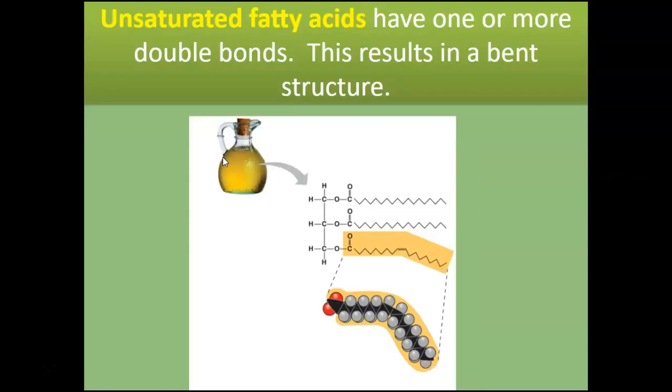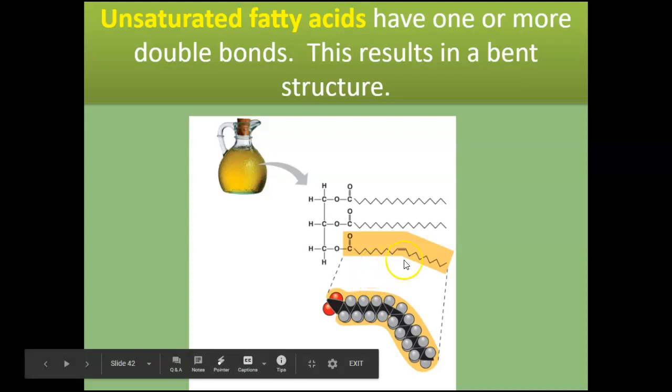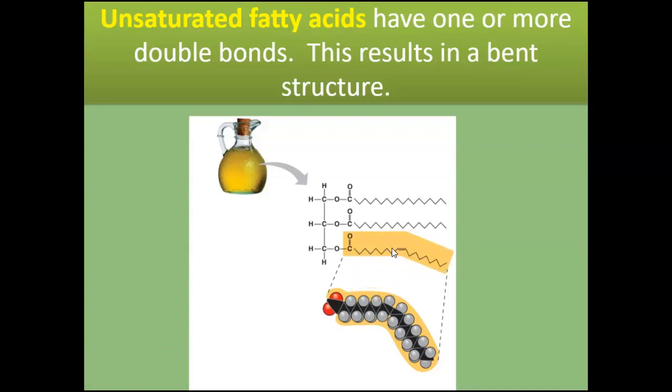Contrast that with something like olive oil, which is made from unsaturated fatty acids. Notice the double bond here, which will kink one of the fatty acid side chains, one of the fatty acids in this triglyceride. And if you were to try to stack more on top of one another, this double bond will really affect that.